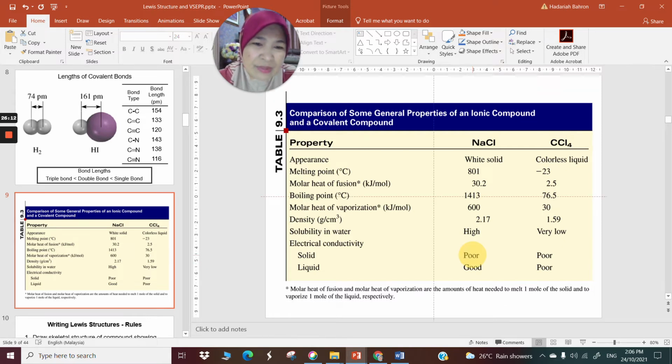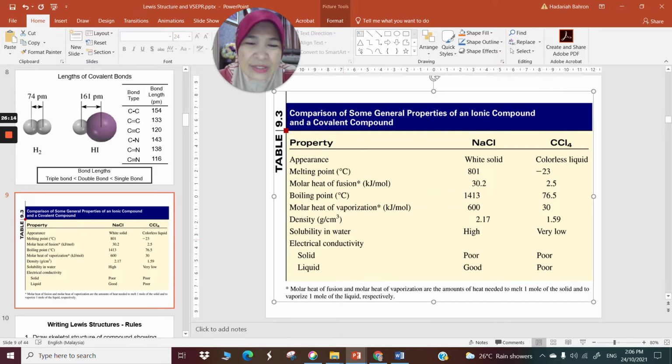Now, electrical conductivity. Electrical conductivity usually is high for something that has free ions or free electrons moving within the structure. So the electrical conductivity of sodium chloride in solid state obviously is poor. CCl4, being terribly non-polar, will have a very, very poor electrical conductivity, whether in solid or liquid state, unlike your ionic compound.